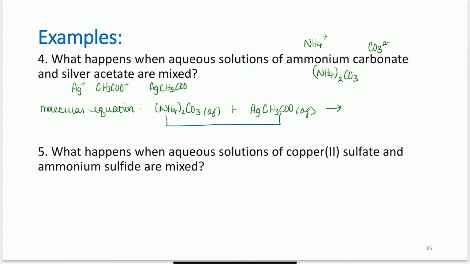The ammonium is going to go with the acetate, silver with the carbonate. It's going to give me ammonium acetate, which is aqueous, and silver carbonate, which is insoluble.